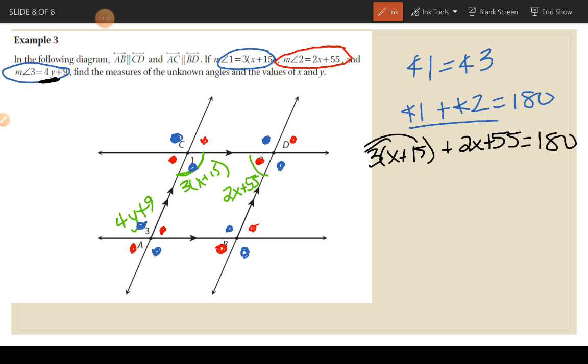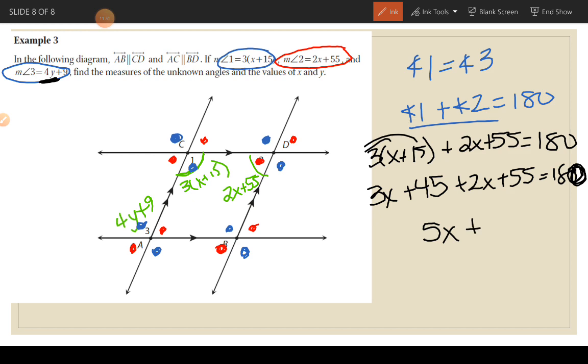Just going to distribute that really quickly. 3x plus 45 plus 2x plus 55 is equal to 180. That's 180, not 188. And then combine my terms. 5x plus 100 is equal to 180.